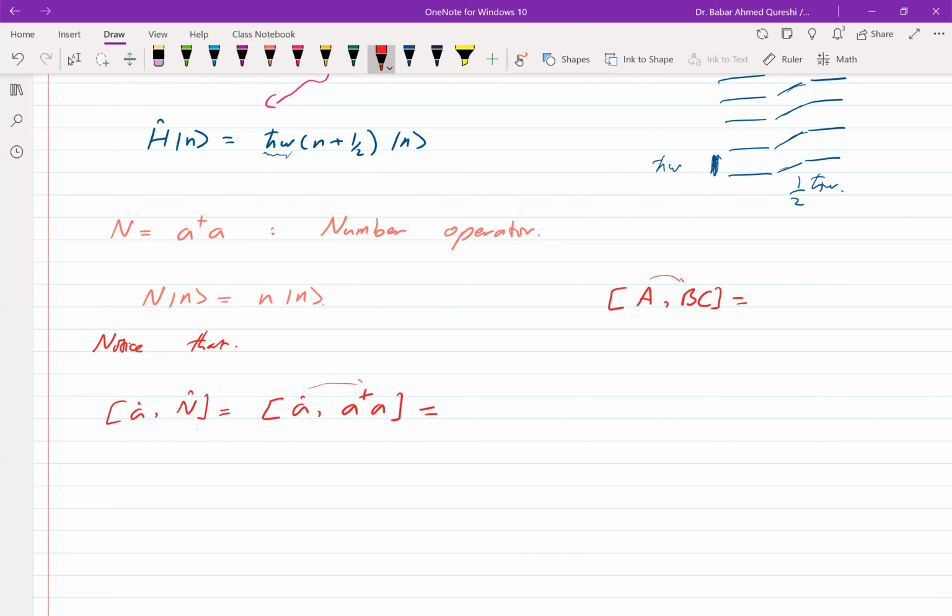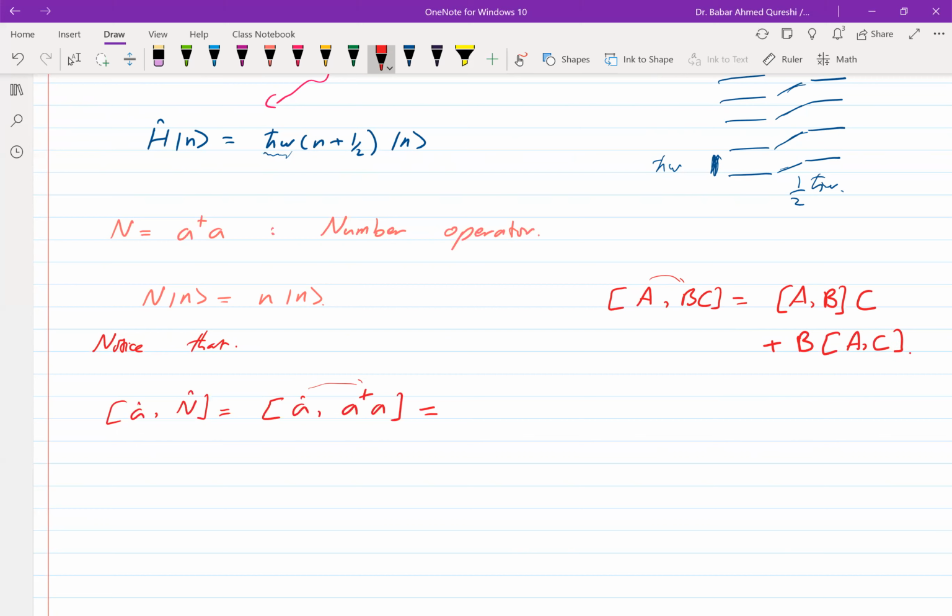That means it first differentiates B, like A is differentiating a product of two functions. So it first differentiates B and leaves the C as it is, and you have to keep the order. Then it differentiates the C, so B comes first because you're keeping the order.